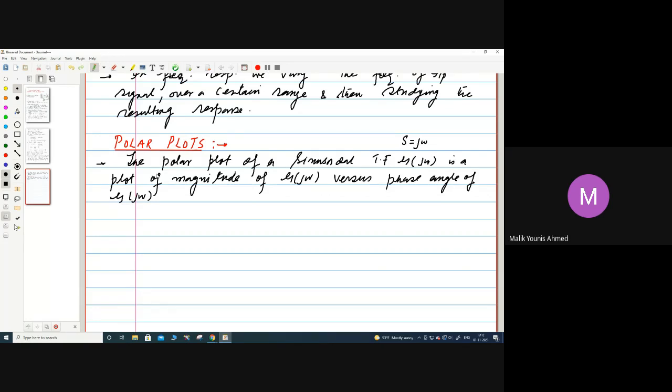The phase angle of this sinusoidal transfer function, on polar coordinates, as the angular frequency omega is varied from 0 to infinity.